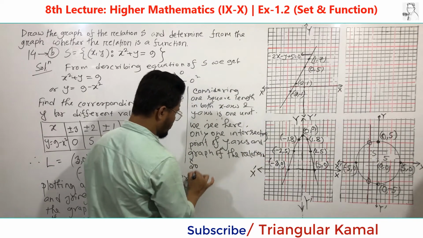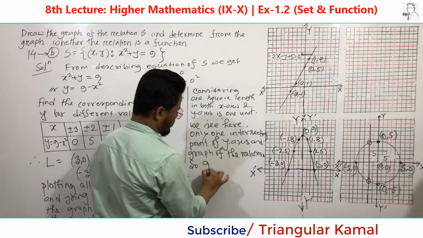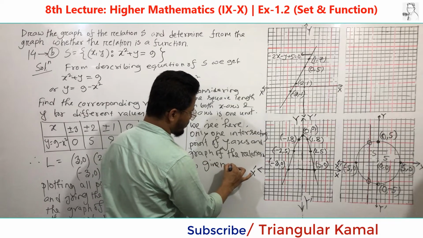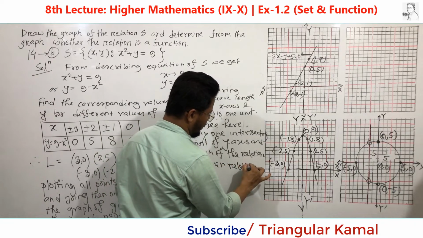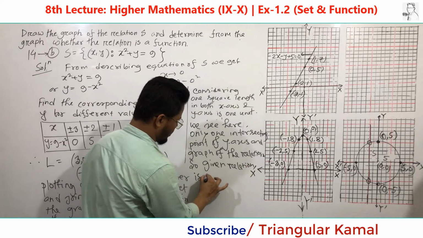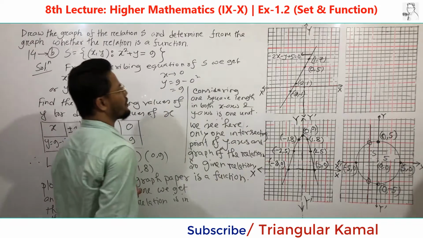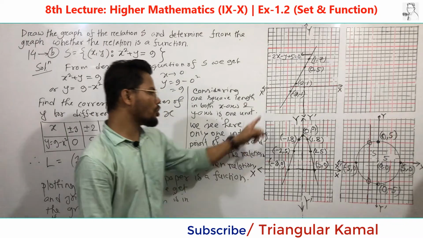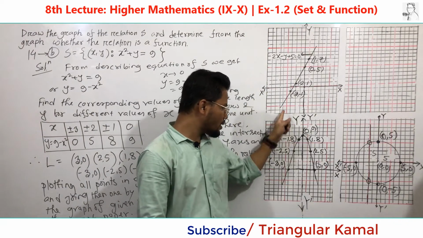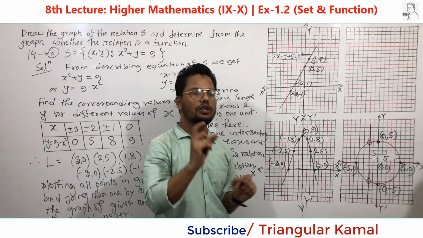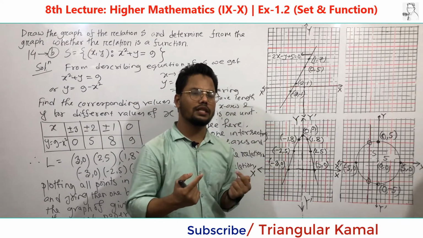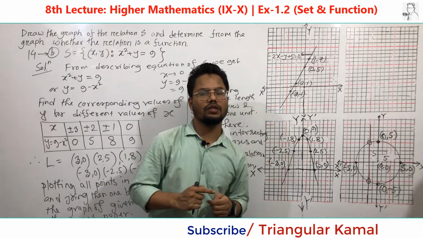So the given relation is a function. This is our final answer. Or you can write, if we draw a parallel line of the y-axis in the given graph, we get only one intersecting point, so we can take the decision that the given graph is a function.